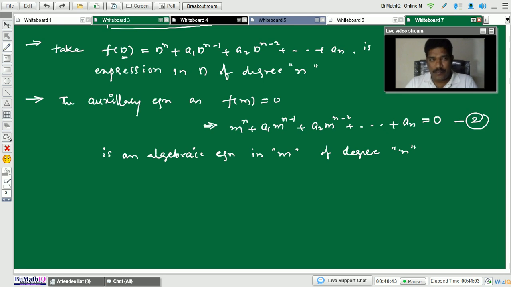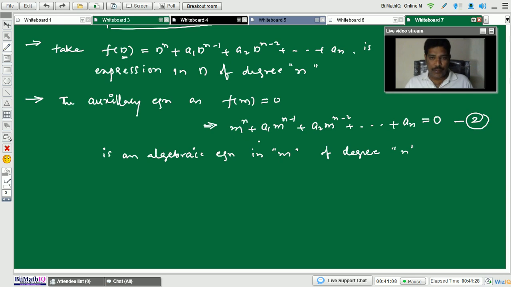There are 2 solutions. For a third degree algebraic equation, there are 3 solutions. For a fourth degree algebraic equation, 4 solutions. For an nth degree algebraic equation, n solutions are there. So this is an algebraic equation in m of degree n.